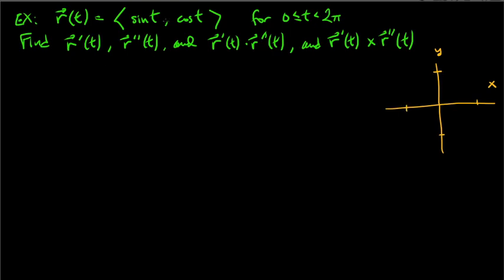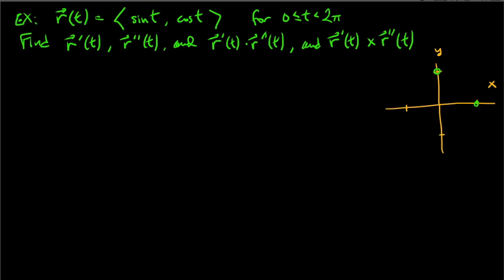So notice what happens when t is 0, you're at x equals 0, y equals 1. So you're not starting over here, you're starting at the top, the North Pole. And notice when t is pi over 2, sine of pi over 2 is 1, so x is 1, and y is 0. Cosine of pi over 2 is 0. So now you're over here.